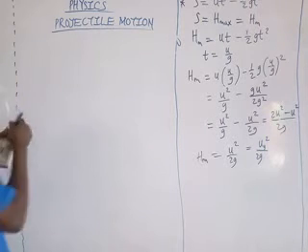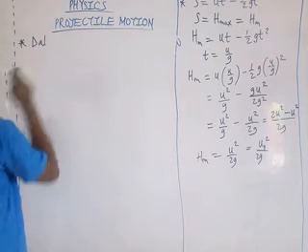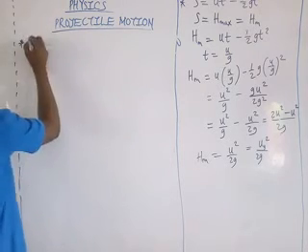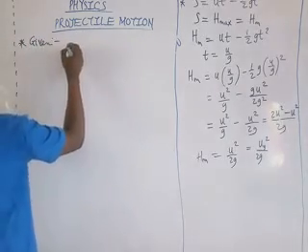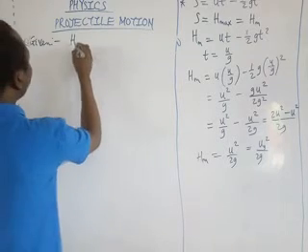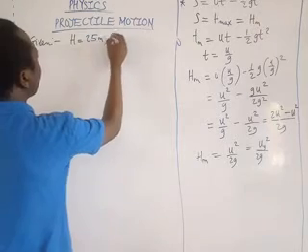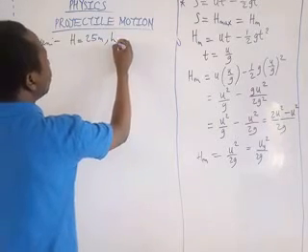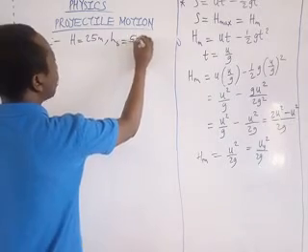It is important to always identify the data given. H of the object from the ground is 25 meters and h, which is the height of the building, is 5 meters.